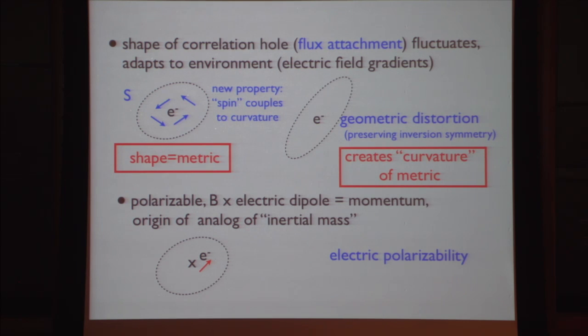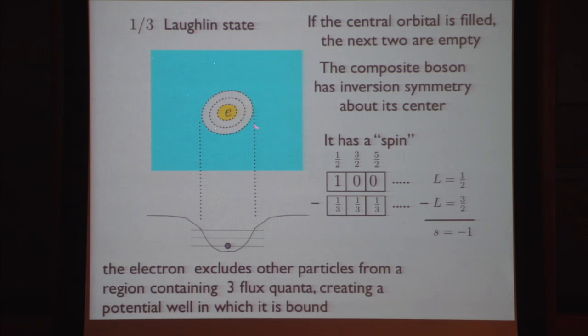So changing the shape of the flux is a quadrupolar excitation, a tensor field, and there's a completely independent vector field, which is a dipolar field, which corresponds to distortions of the correlation hole that don't preserve its inversion symmetry about the center. Okay.